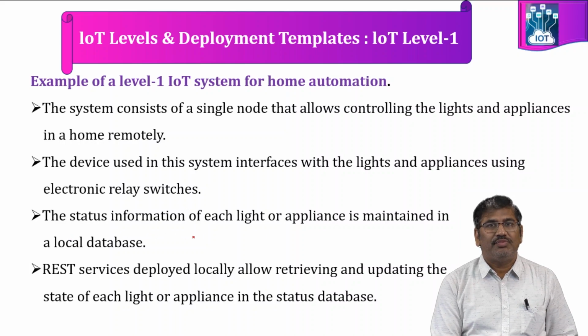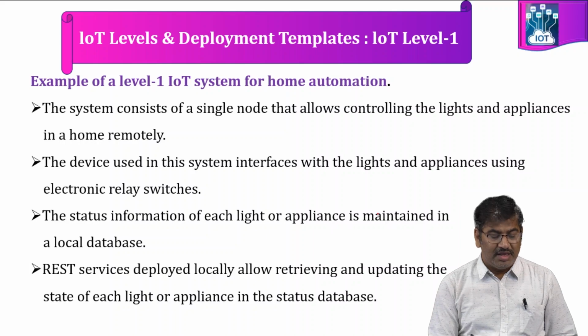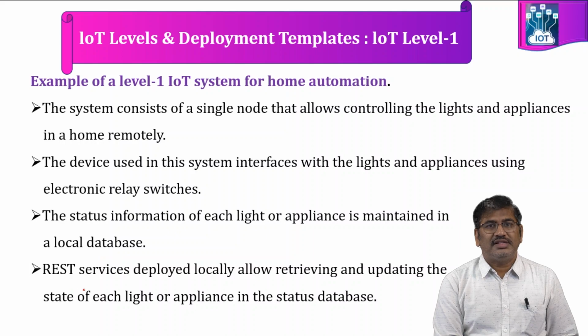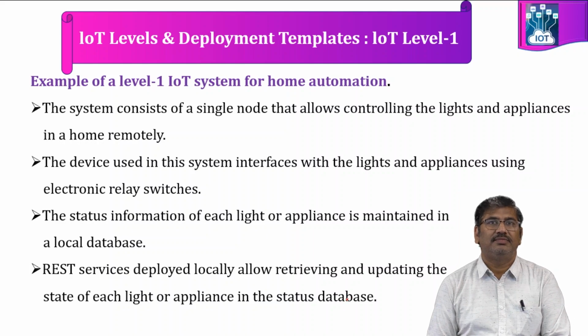The status information of each light or appliance is maintained in the local database. A REST service deployed locally allows retrieving and updating the state of each light or appliance in the status database.